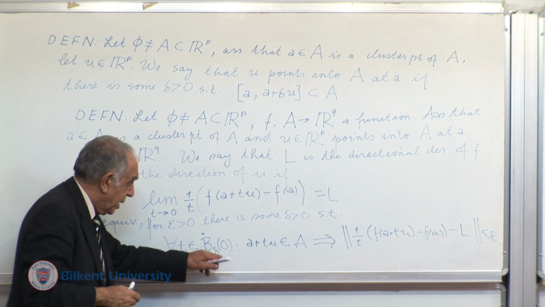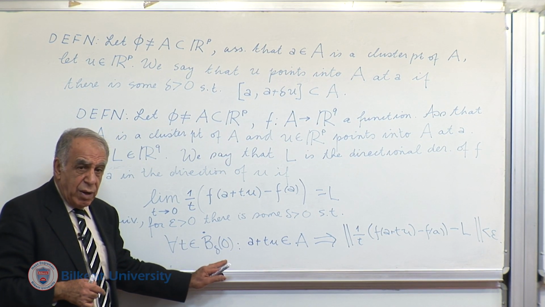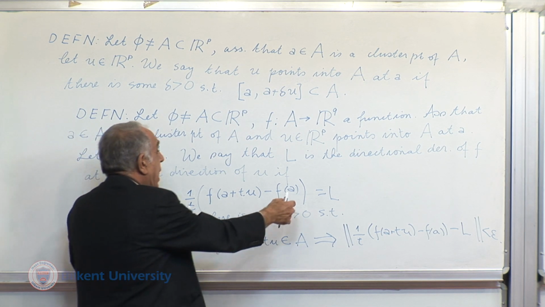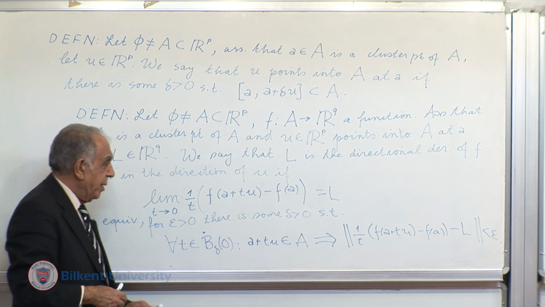So the conjunction of these means t is delta close to 0 and t is in the domain of this function. Okay?